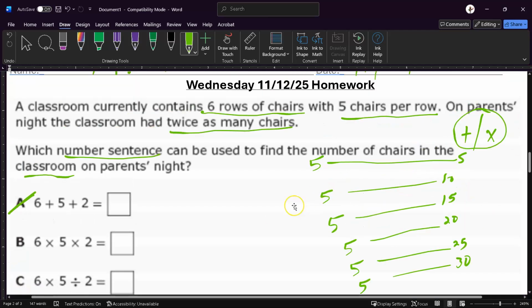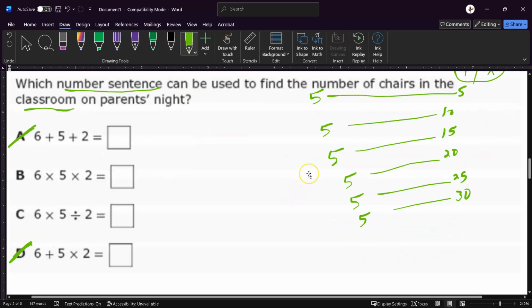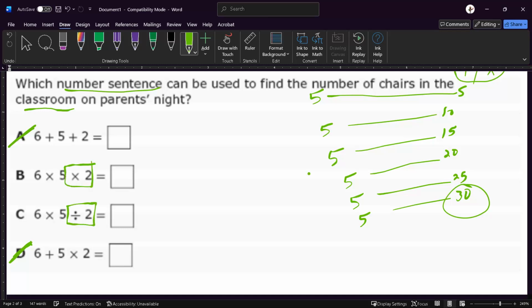Now let's look at the second part. On parents' night, the classroom had twice as many chairs. So we know that they had 30 chairs, but then they had twice as many. So my options are to multiply by 2 or divide by 2.